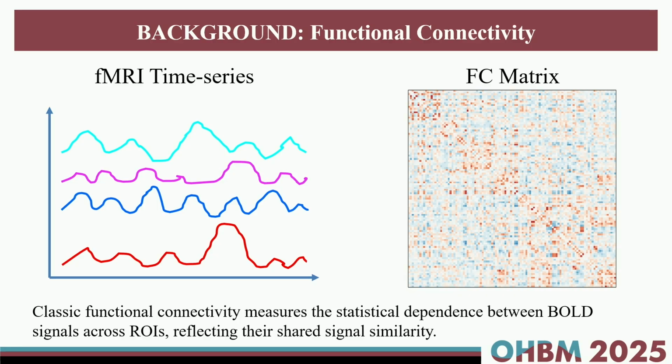So in this study, we use a newly developed information decomposition method to go beyond traditional functional connectivity. This allows us to capture both synergetic and redundant interactions between brain regions, offering a richer picture of how brain regions work together.